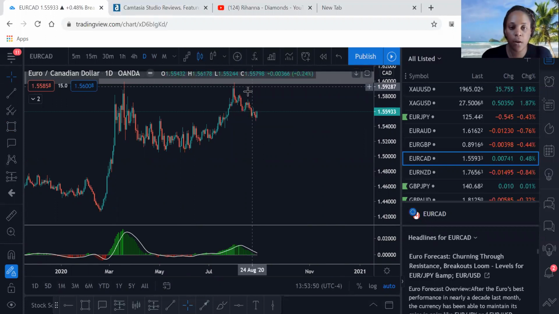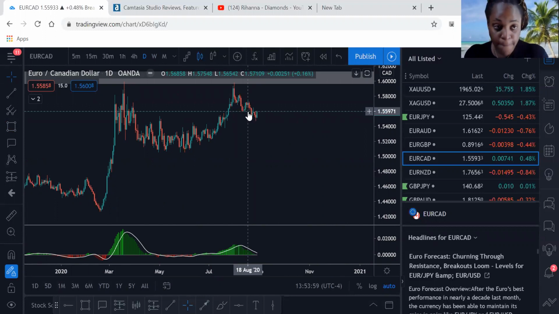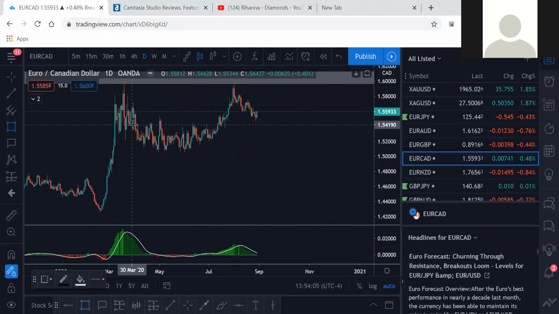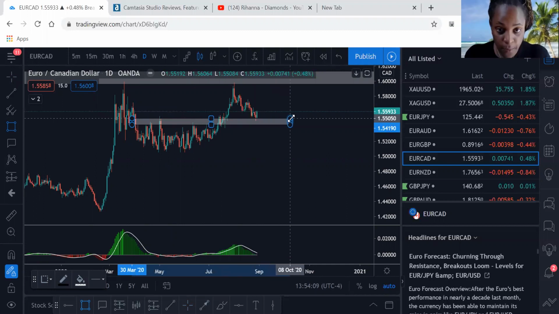What's forming here, guys? It went up, it came down, just went up. What is forming here?